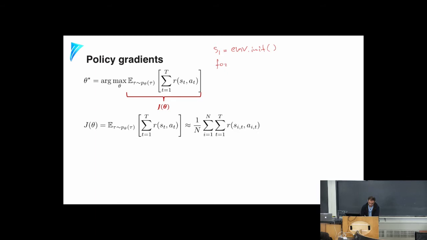we're going to loop over the time steps. And every time step, we're going to first produce an action, which is sampled from the policy. Okay? And then after that, we're going to submit this action to the environment.